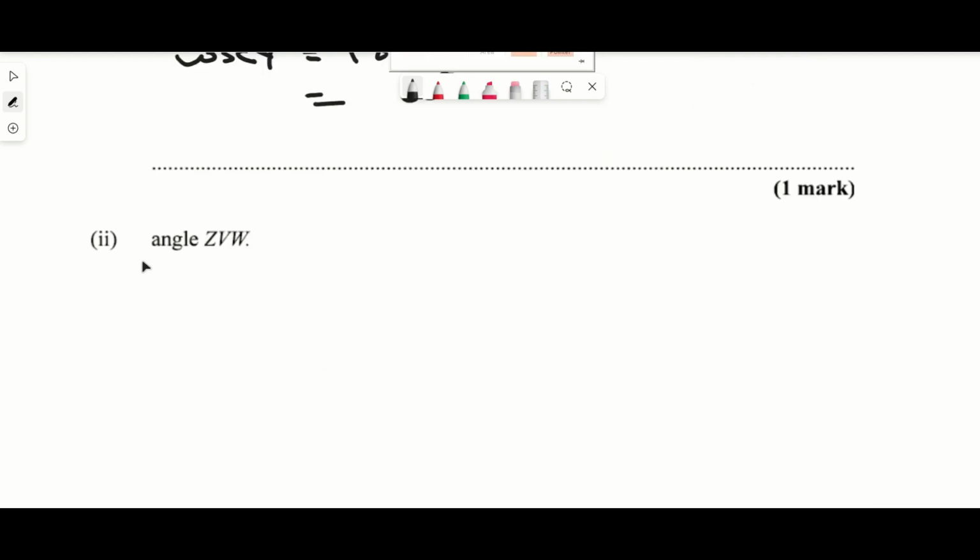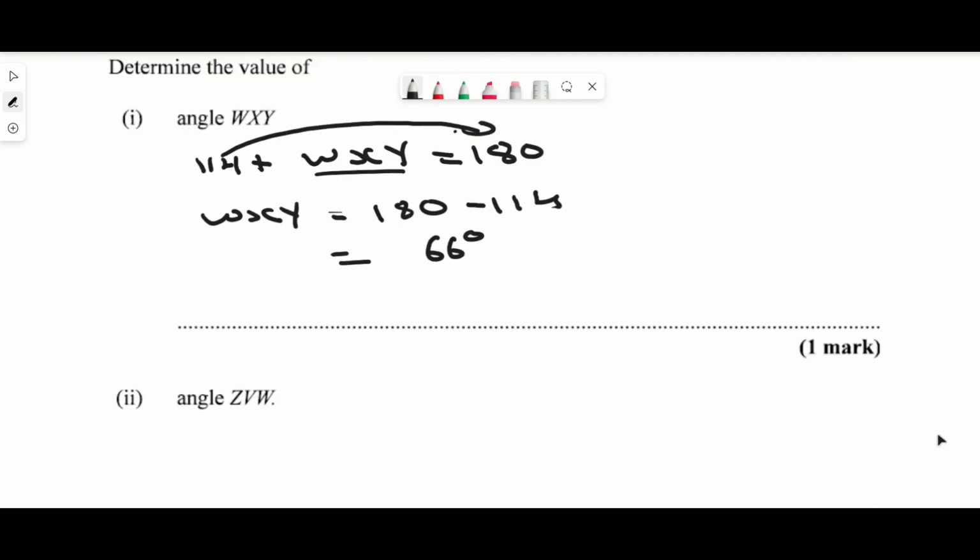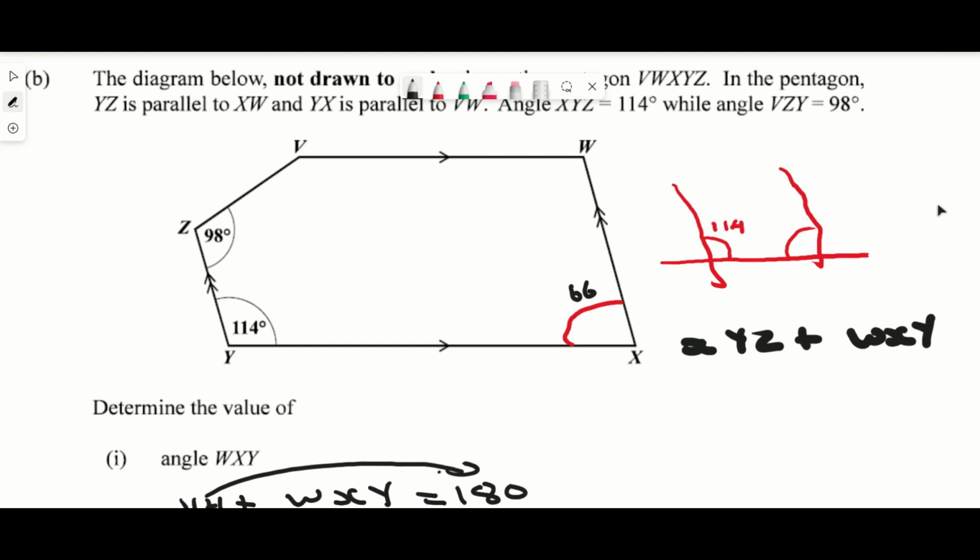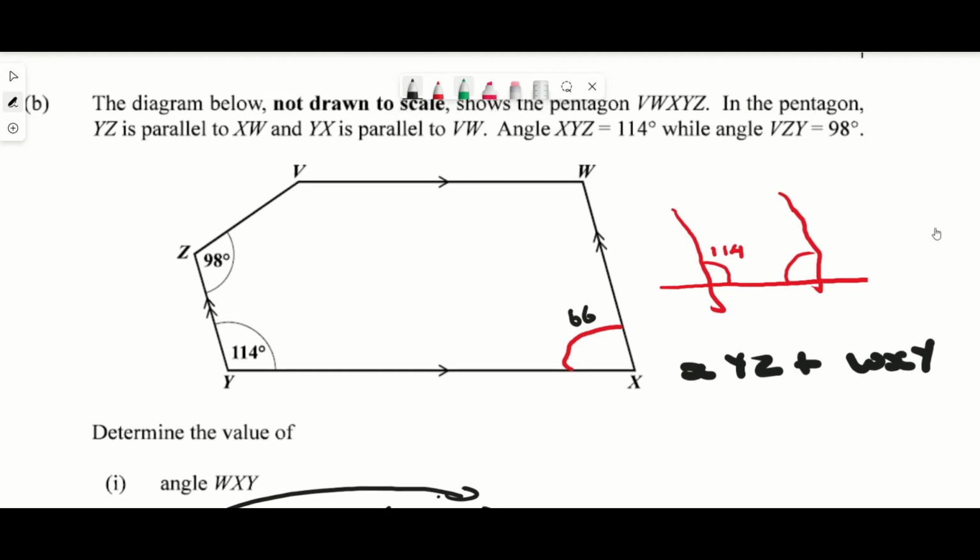The next question is calculate angle ZVW. Before we even find ZVW, which is this one here in green, that's just angle V, we need to find out this angle here. We can say the same thing. There are two parallel lines, VW and XY, and they are intersected by a transversal line, which is XW.